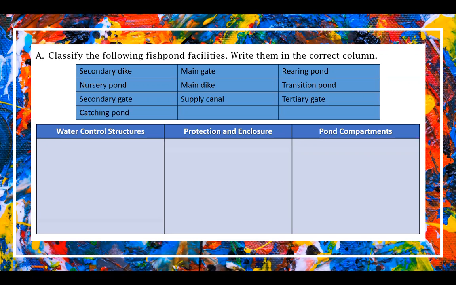We have three columns: the water control structures, protection and enclosure, and pond compartment. So you just classify these fish pond facilities: the secondary dike, nursery pond, secondary gate, catching pond, main gate, main dike, supply canal, rearing pond, transition pond, and tertiary gate.